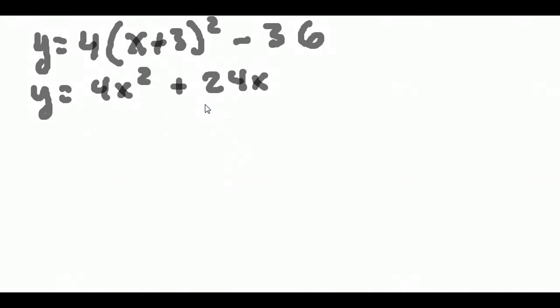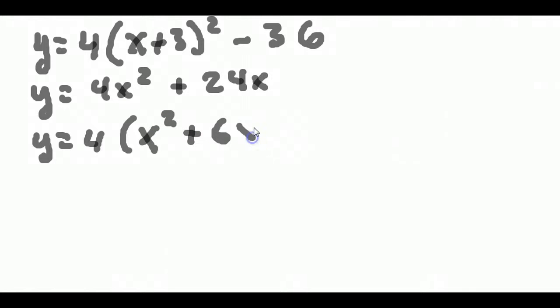So what they did was they pulled that 4 out of each of those terms because we have 4x squared plus 24x. So if we pull that out, then we get a 1 for our a term, and it makes it a little simpler. So that's how they got y equals 4 open x squared plus 6x close. Does that make sense?